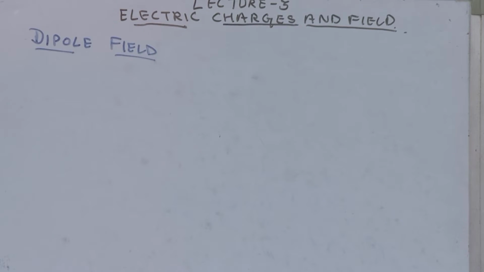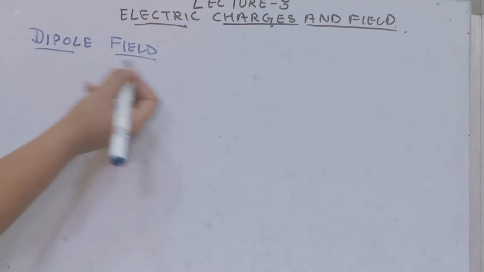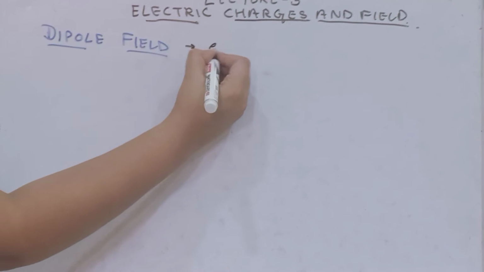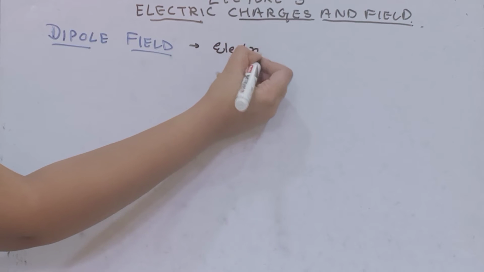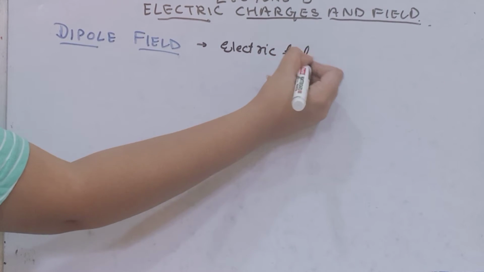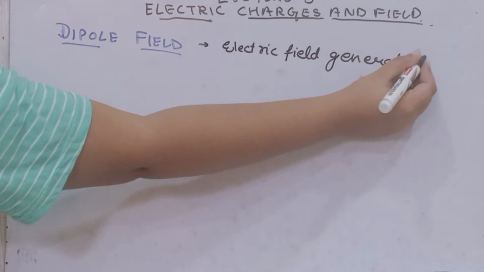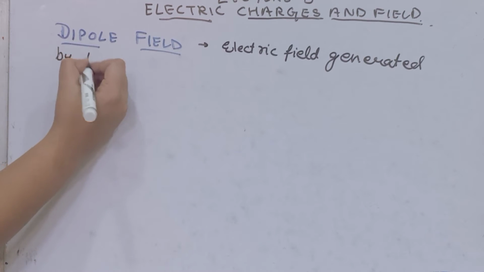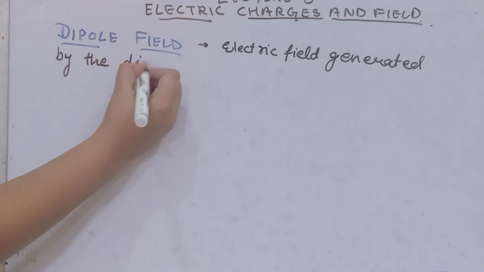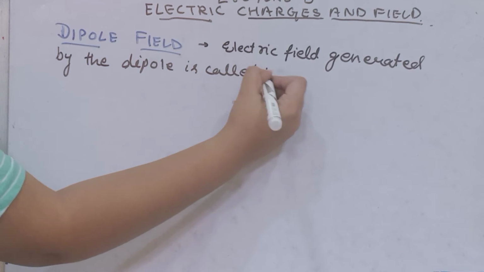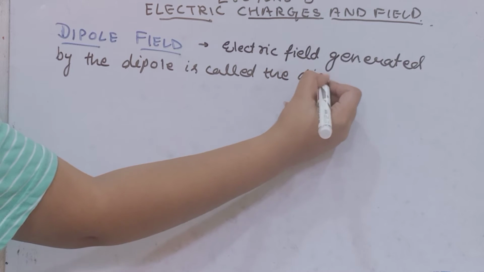Next very important concept is the dipole field. What do we mean by a dipole field? This is just the electric field generated by the dipole, and it is called the dipole field.